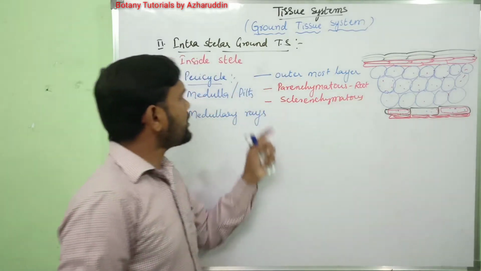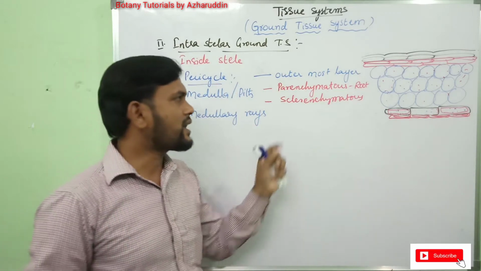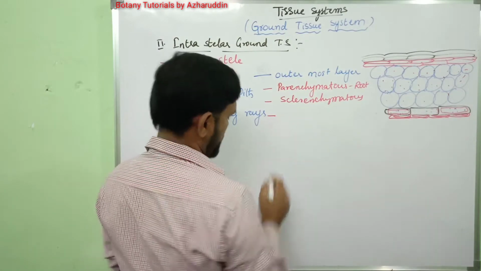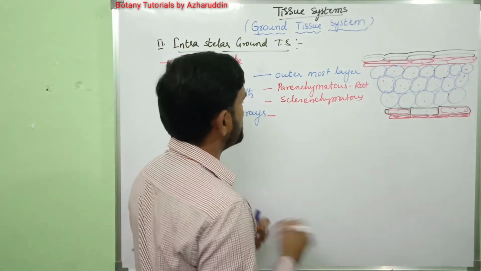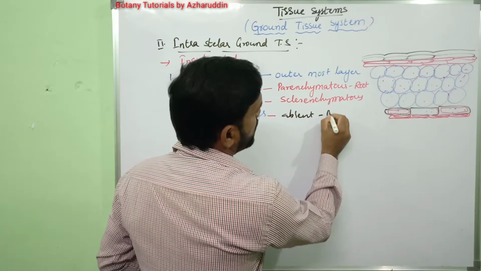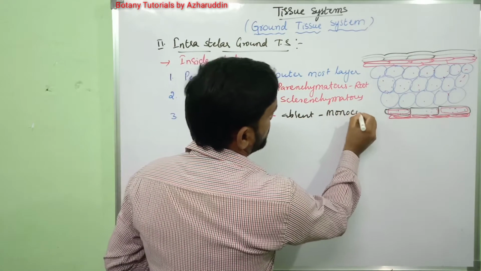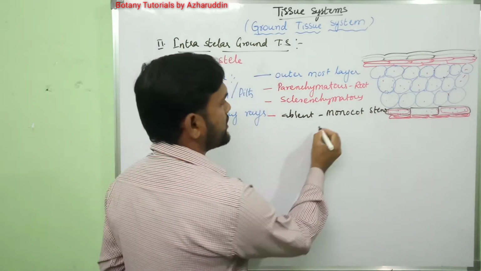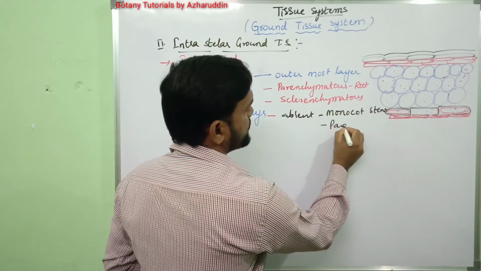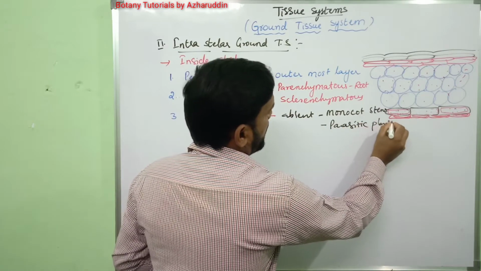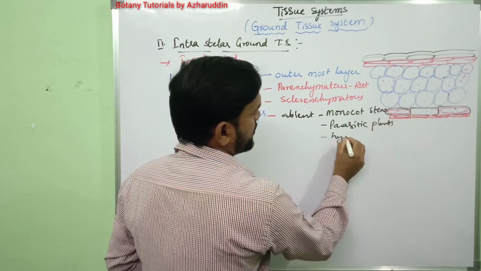Next, this pericycle is completely absent in monocot stems, and it is also absent in parasitic plants and hydrophytes.